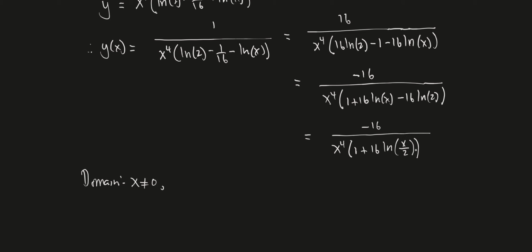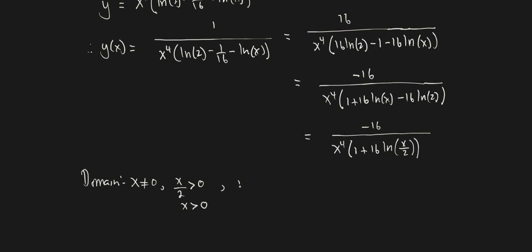And then because of the ln, x has to be greater than 0, which was part of the assumption in the first place, and we're seeing why that assumption is valid, because for this part of our function to be defined, x over 2 has to be greater than 0, which means x has to be greater than 0. But the other thing is we have to make sure that what's in the parentheses cannot be equal to 0. So that's another constraint as far as the domain is concerned.